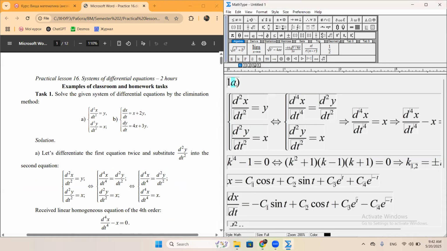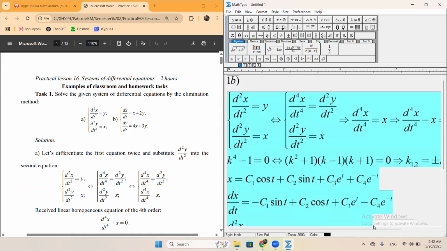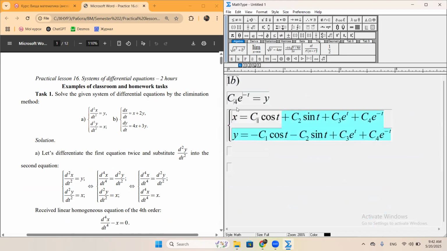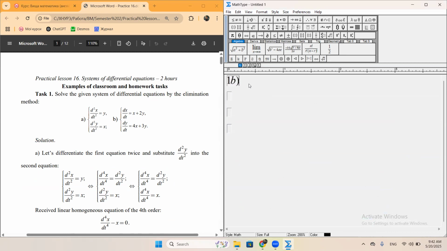So 1b. Actually, the second equation will be simpler because we don't have to differentiate so many times. But anyway, we will again use the elimination method. So dx by dt equals x plus 2y.